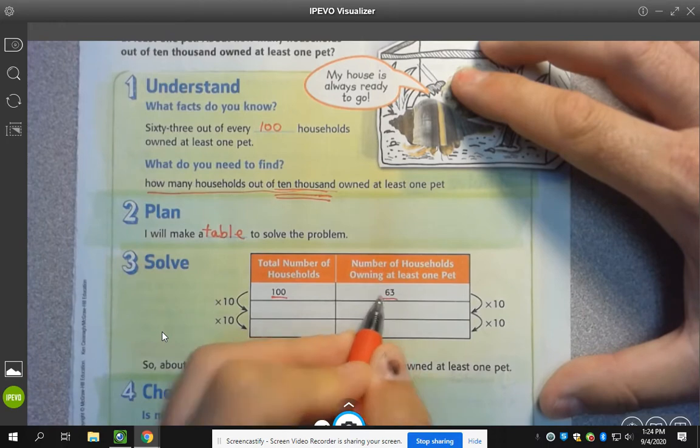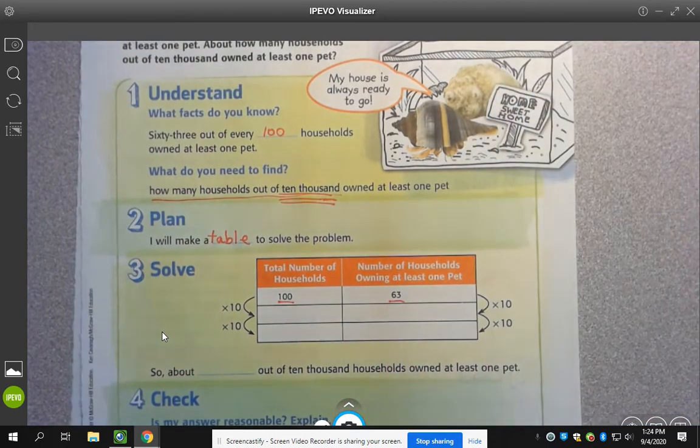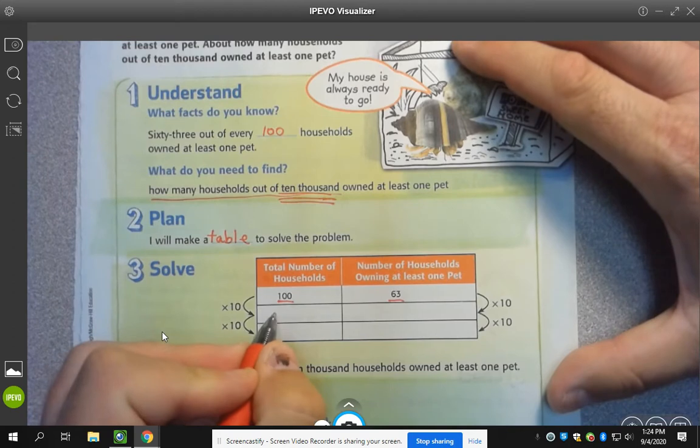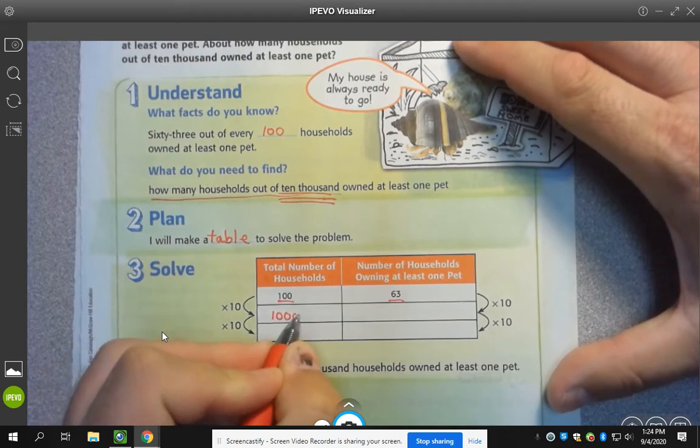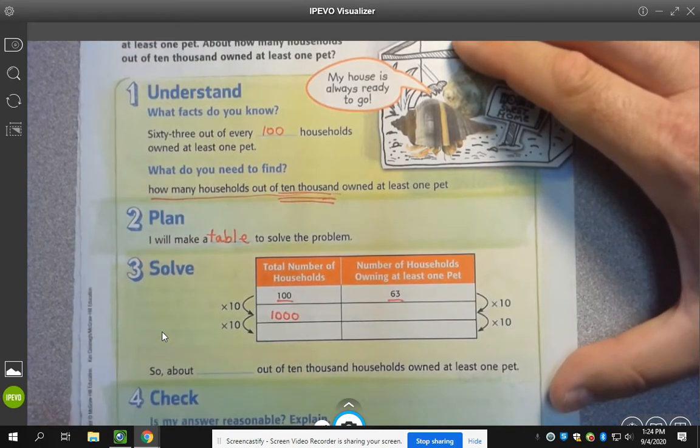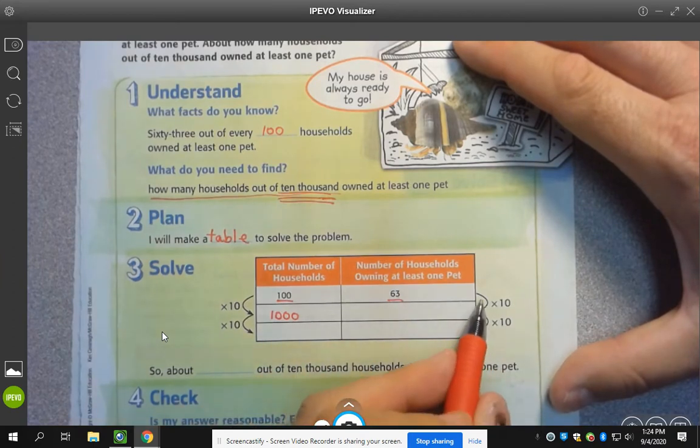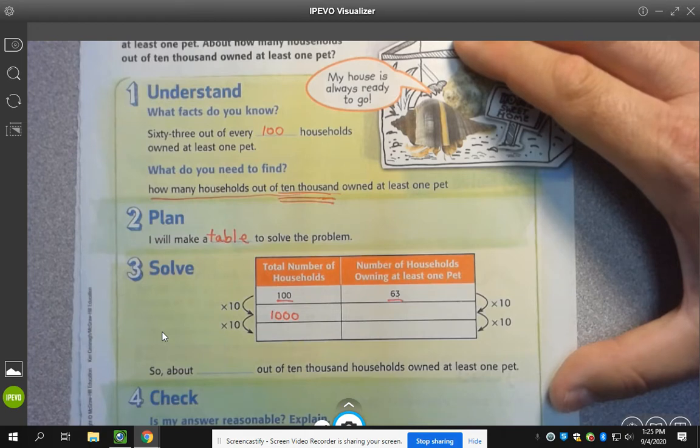And we said 63 out of every 100 own a pet. Now, if this holds true, we want to know 1,000. So what are we going to have to add to this? Well, it says right here, you're going to times it by 10. So what do you add to 63 to get that? Asher.